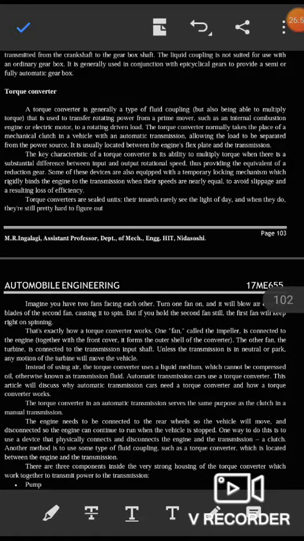Some of these devices are also equipped with a temporary locking mechanism which rigidly binds the engine to the transmission when their speeds are nearly equal, to avoid slippage and the resulting loss of efficiency.